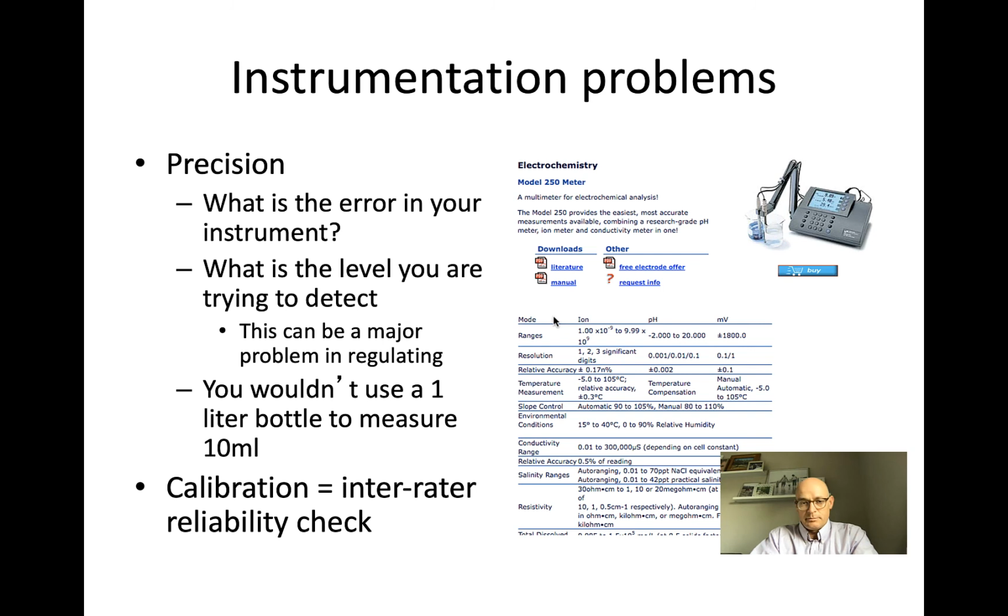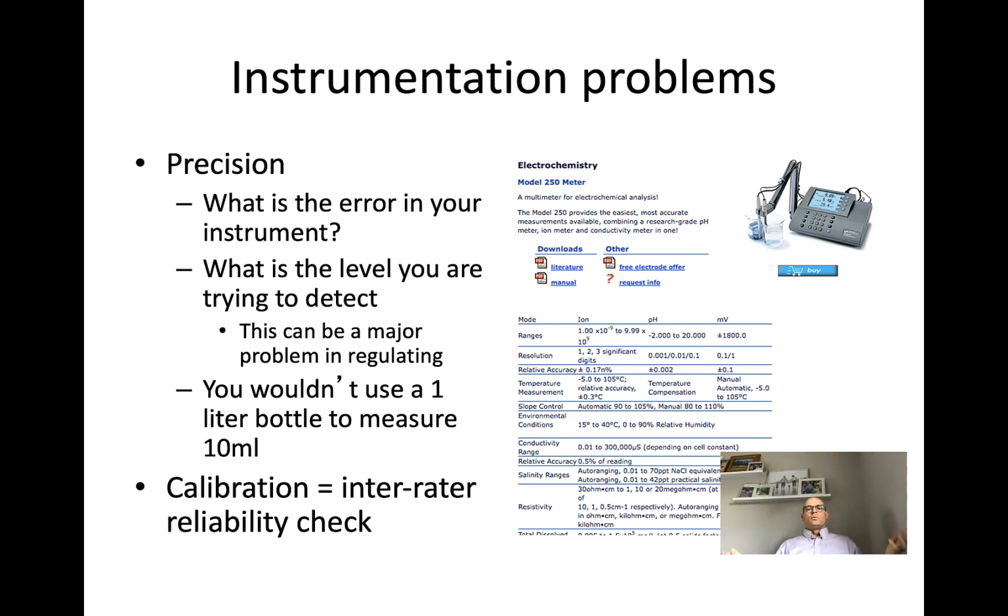Now, here's some other problems. You might have instrumentation issues, precision. That's to say, here I've got this electrochemistry model 250 electrochemistry meter. It'll tell you how close to accurate it can get, plus or minus a certain range. Now, if you are trying to detect within 0.2, but your instrument can only detect within 0.5, you don't have an instrument that's precise enough to measure the difference that you need to measure.